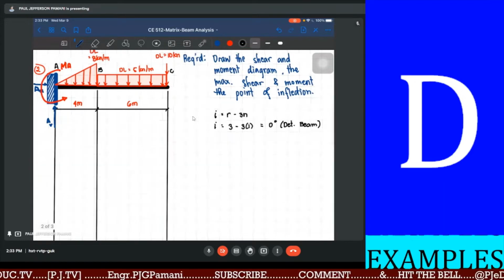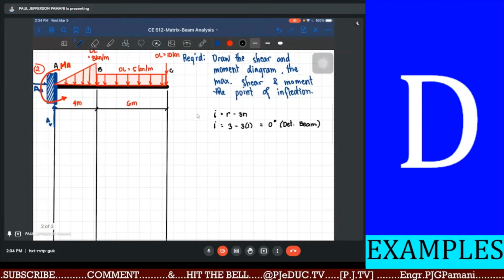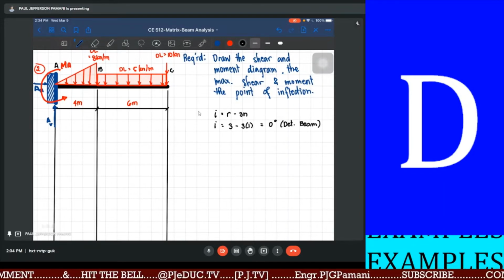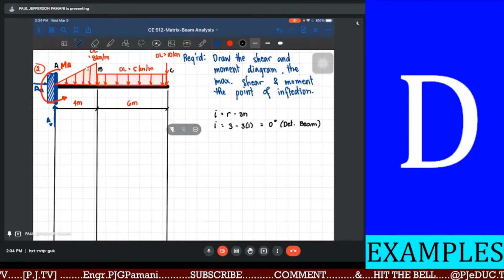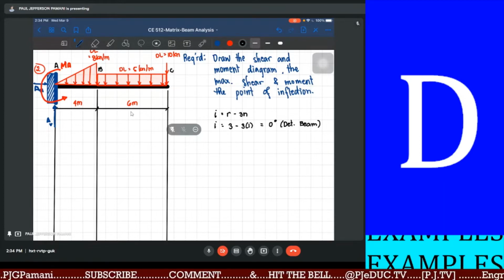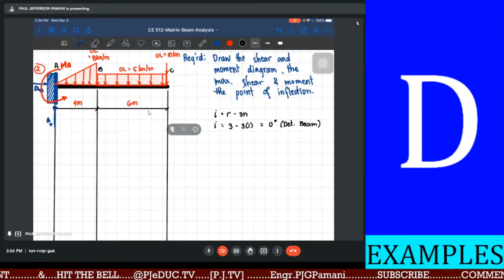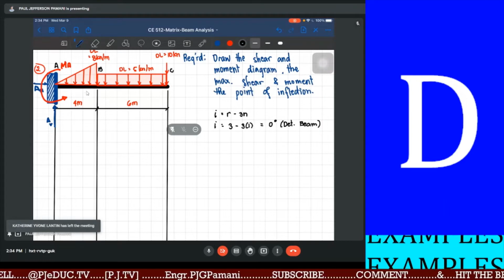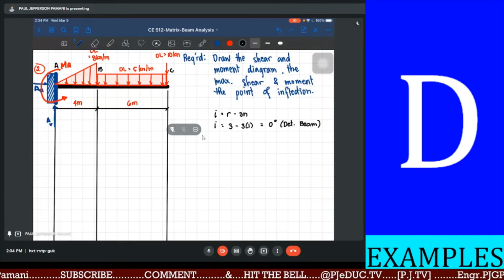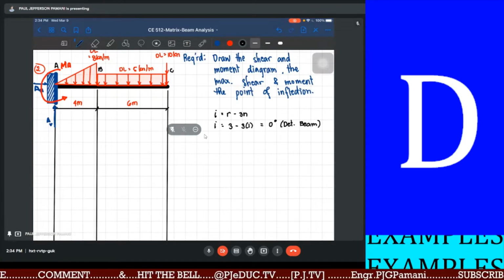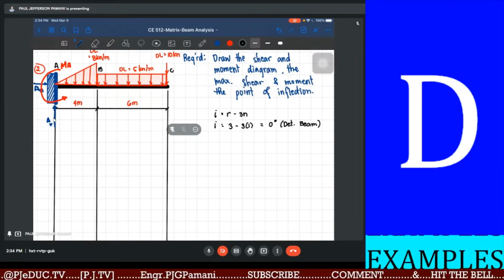So remember this, when you are solving a statically determinate structure or statically indeterminate structure, the difference between those two is that if it is a statically determinate structure, you can then immediately proceed in solving the reactions at the given supports. But if it is a statically indeterminate structure, you must then first solve the maximum deflection or the deformation happened within the span of the beam or within the structure. So, deflection muna bago reaction pag statically indeterminate. Pag statically determinate, we can then immediately proceed on to solving the reactions at the given support.